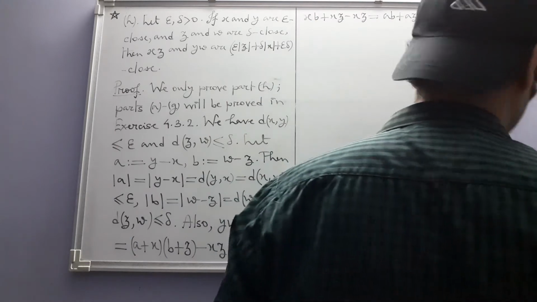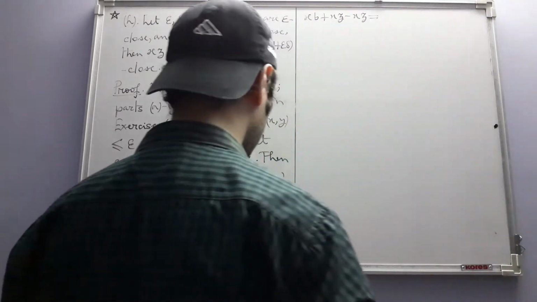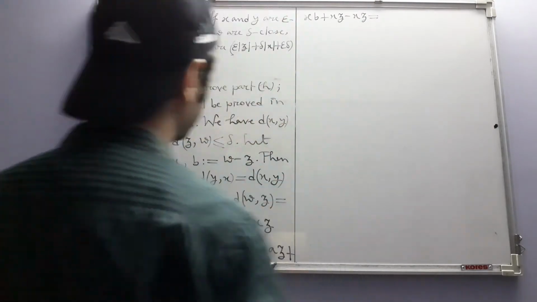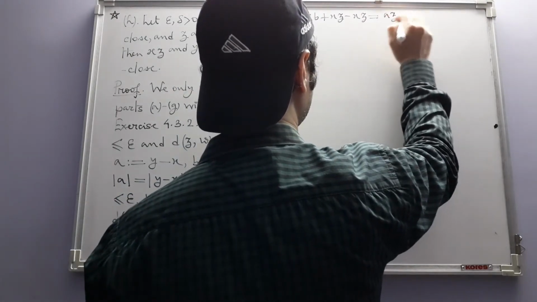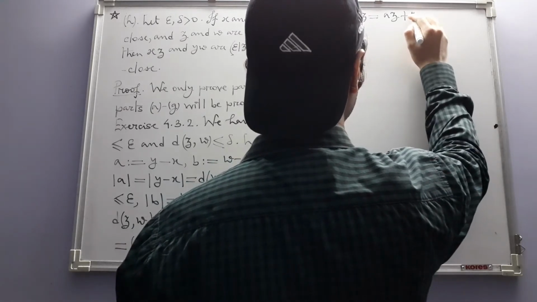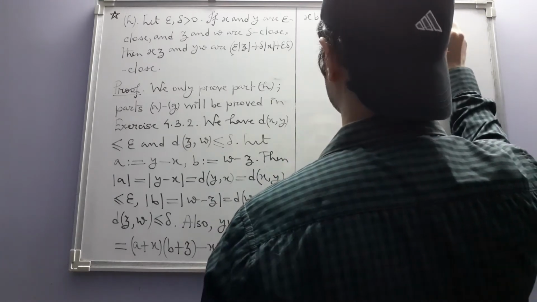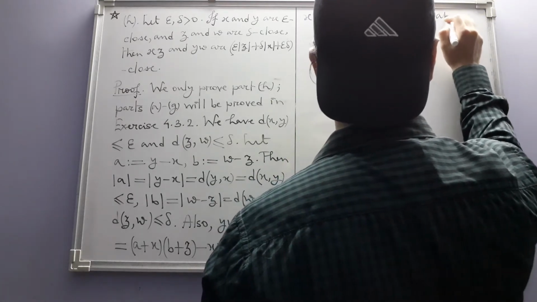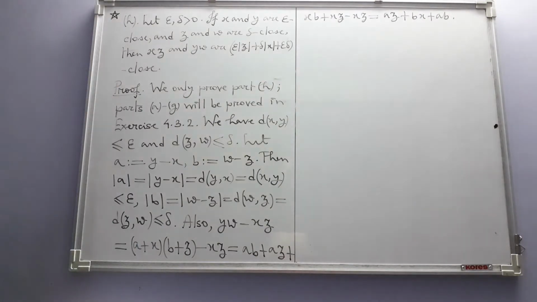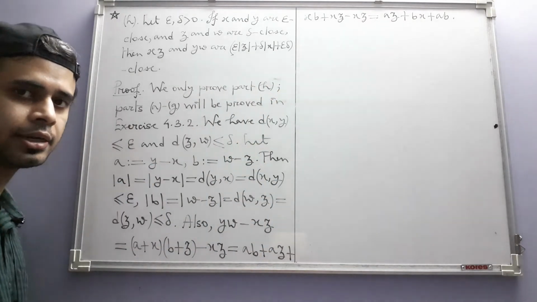We can change the order of these things slightly to make them match this one: az plus bx plus ab. So this difference turns out to be equal to that expression.